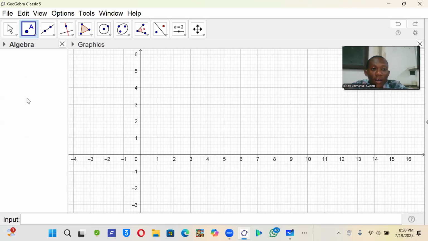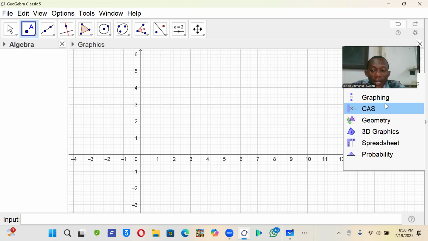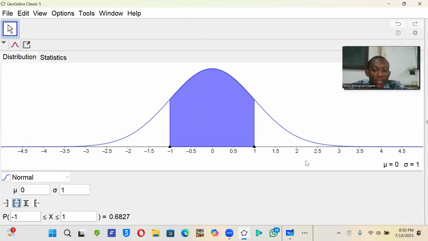One of the tools that we are going to use will be this tool. If you want to activate it, just move your mouse pointer to this side of the screen. You can see the corner arrow. Then we activate probability. You can see that when you activate the probability, this is what is going to come, right?